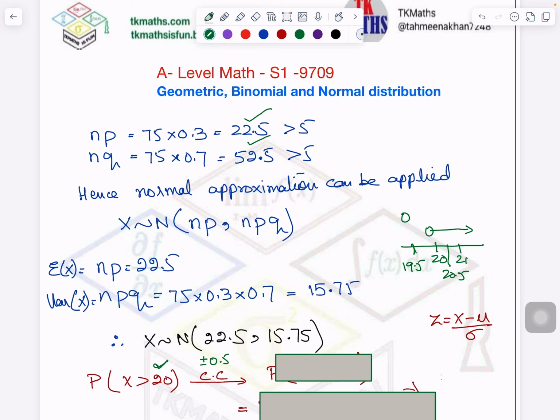If you go from 19.5 to the right side, because the question is saying greater than, then 20 will be a part of it. It will include it, because greater than 19.5 will include 20. But the question is just saying greater than 20. 20 is not included. So that's why I will start from 20.5. Okay, this is how you identify what you will use.